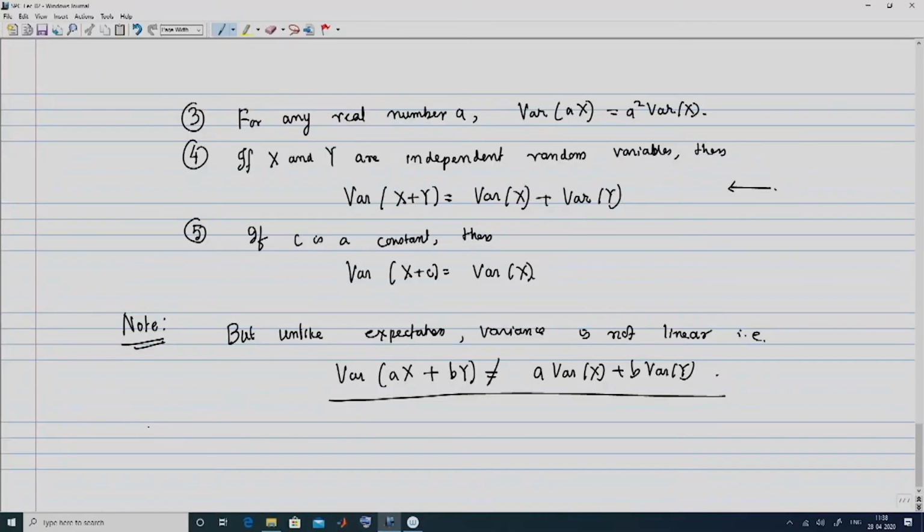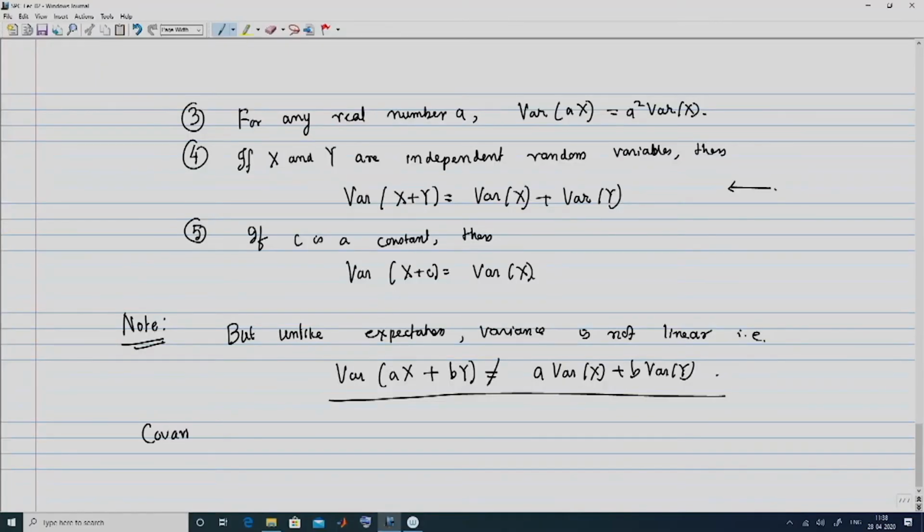Covariance is also, as we will see later on in the discussion of modern portfolio theory, of great importance, where it will be related to essentially the joint behavior of the returns of the different assets, for example stocks, that will constitute a portfolio. But we will discuss the details of that as and when we start talking about modern portfolio theory. So, coming back to our current discussion, let us now move on to the definition of covariance.